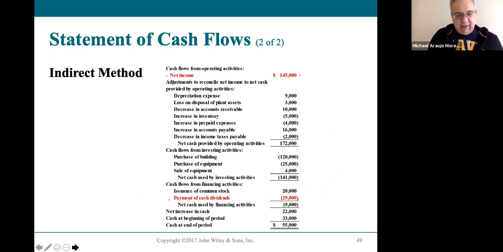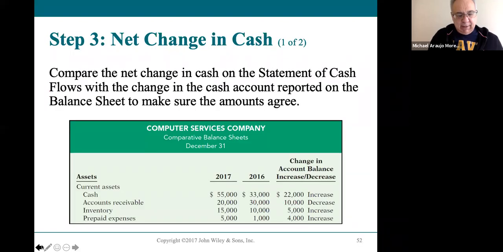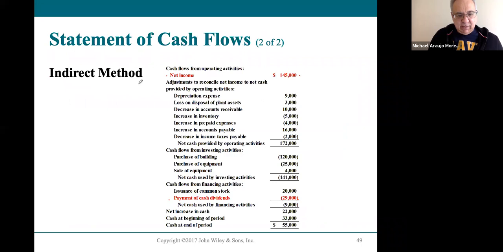So what you have is a difference, right? Sorry, let me go back to this cash flow statement. What you have is a difference in cash. The net increase in cash is the 172,000 from operating activities minus the 141,000 they used for investing minus the 9,000 they used for financing.